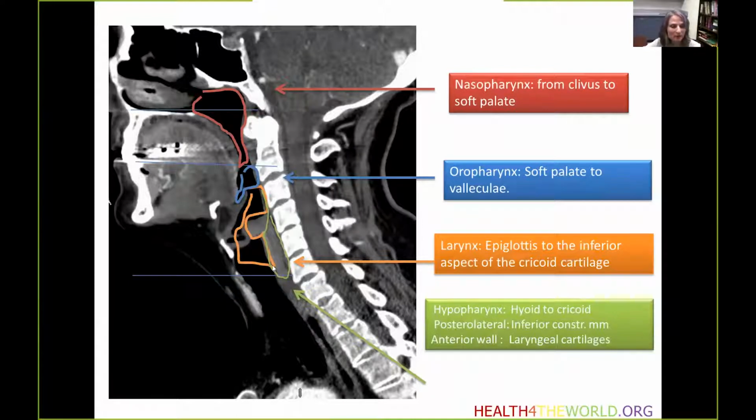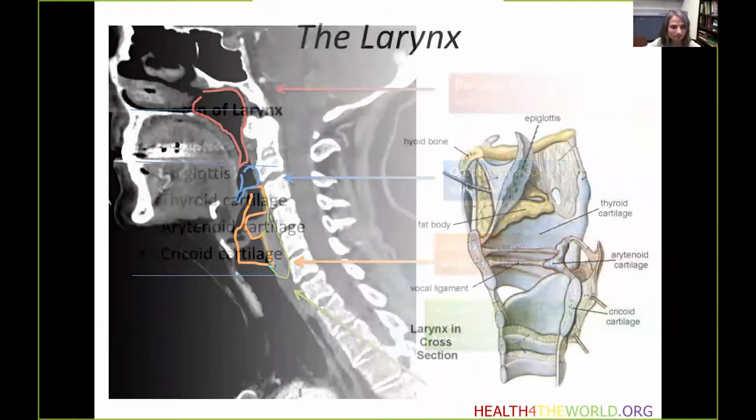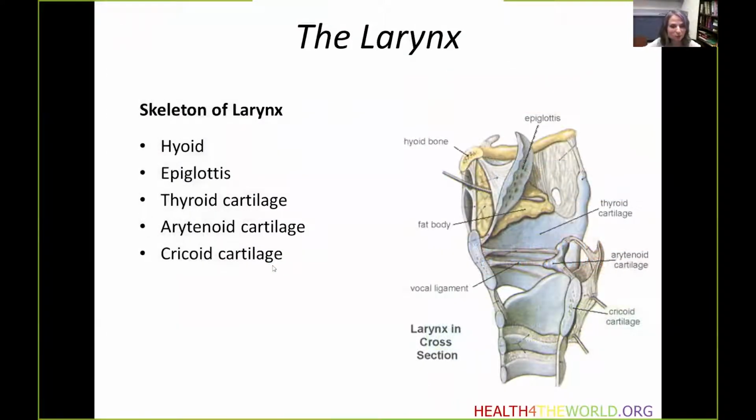The hypopharynx extends from the hyoid bone to the cricoid cartilage. Just a few more words about the larynx. The skeleton of the larynx includes the hyoid bone, epiglottis, thyroid, arytenoid, and cricoid cartilage.